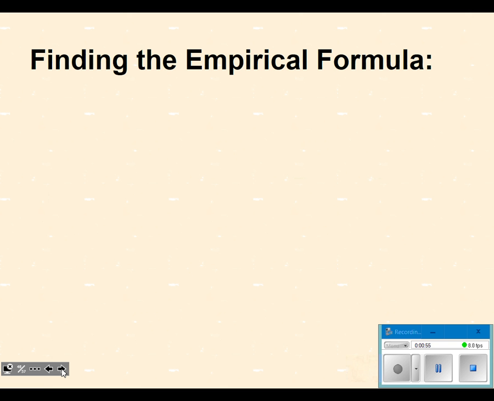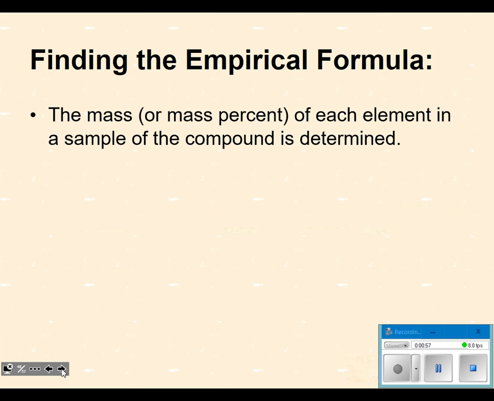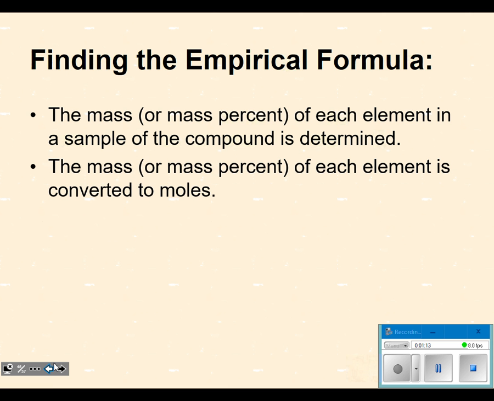So how do we find the empirical formula? If you're given a mass value of each element in the compound, and sometimes they're going to give it to you in percentage format, then you change that percent to its mass value. Then you convert each of those from masses to moles.